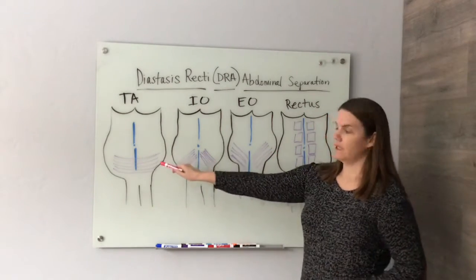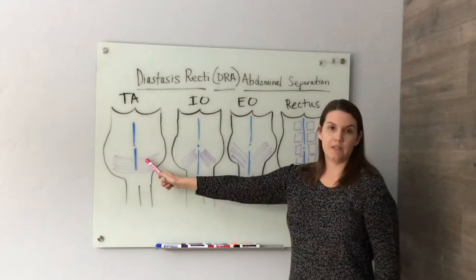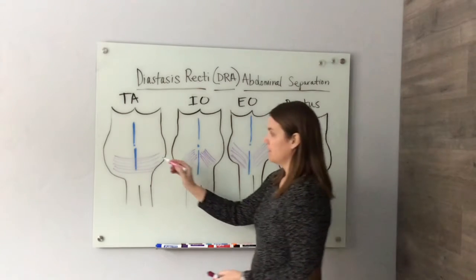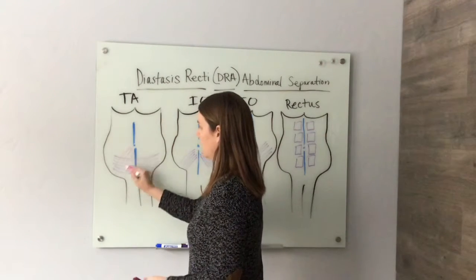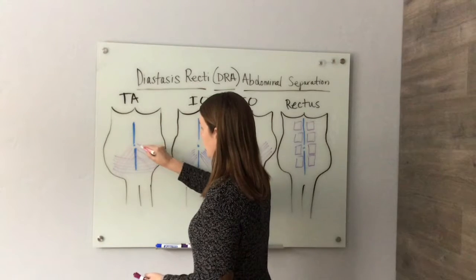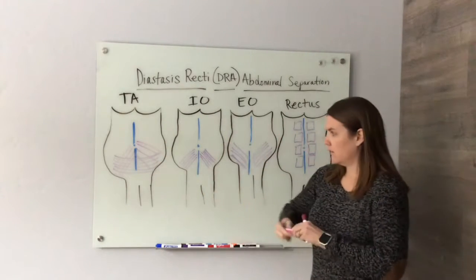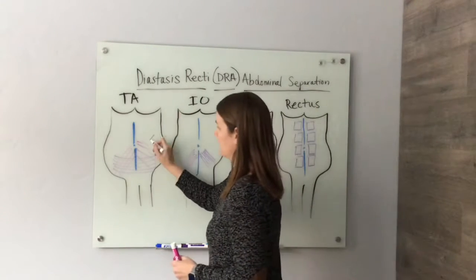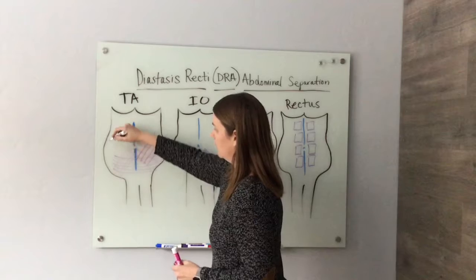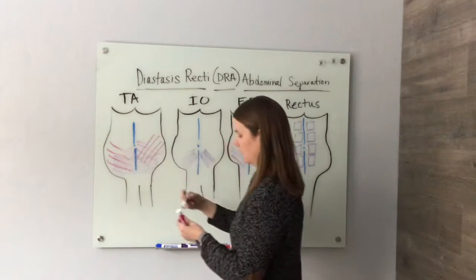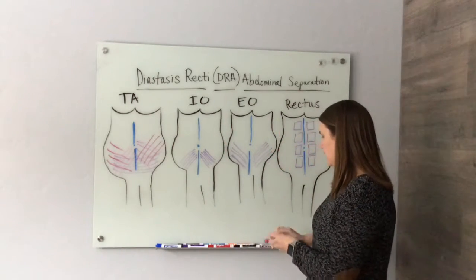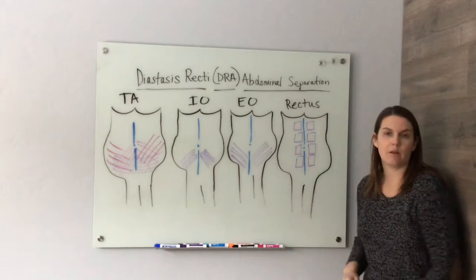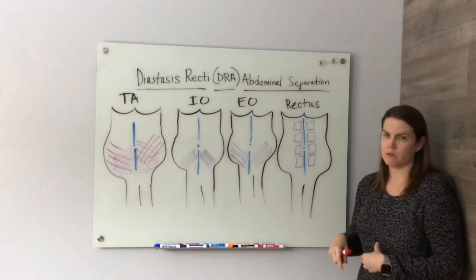So I wanted to show you here on top. It's our transversus abdominis first, then our internal obliques are on top. So they're the next layer. Okay, then on top of that is our external obliques. And then on top of that is our rectus abdominis that you saw in the first pictures, those six-pack muscles.